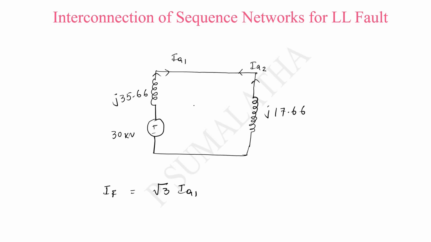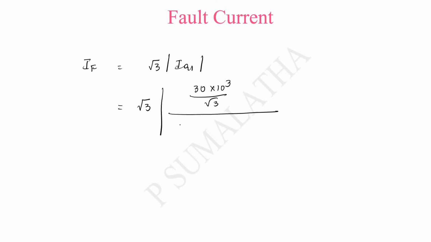Now what is the value of IA1? From this circuit, IA1 is equal to the total voltage divided by the total impedance. For the three-phase system, they have given 30 kV, so you need to find the phase voltage, because these reactances are represented with respect to phase quantities. So let us find the fault current. Fault current is equal to √3 times the magnitude of IA1. That is √3 times the Thevenin's voltage, 30 kV divided by √3, that's a phase quantity, divided by the summation of the two reactance values.